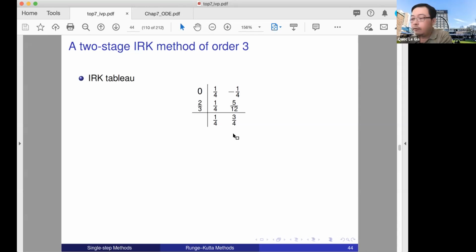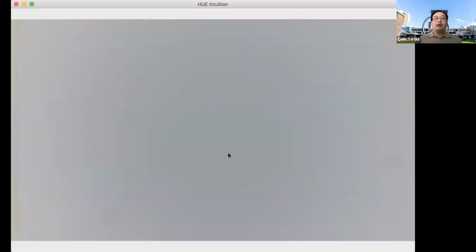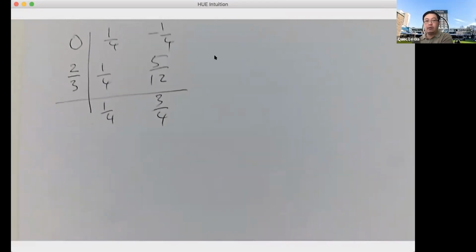So 5/12, and you got 1/4, 3/4. Now we get out the piece of paper. Now you can see that my table looks like this.